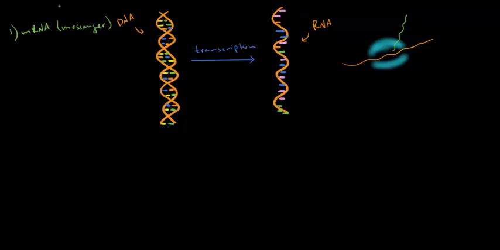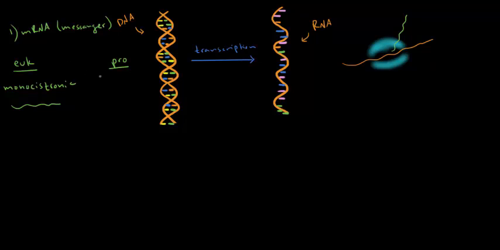I want to digress for a bit and talk about some of the differences in mRNA that you'd find between eukaryotic cells and prokaryotic cells. In eukaryotic cells, mRNA is usually monocistronic. That means that one piece of mRNA is generally going to code for one polypeptide chain.